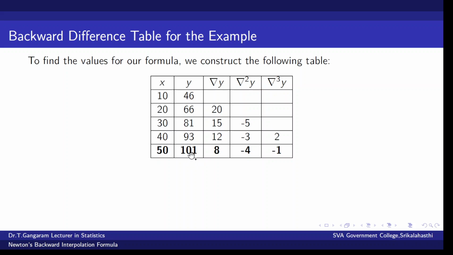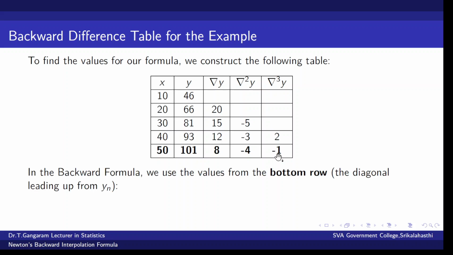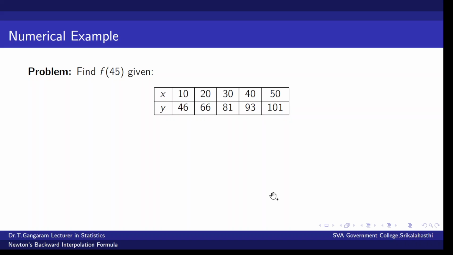Here this is y0, Δy0, Δ²y0 is equal to 4, Δ³y0, up to yn, Δyn, Δ²yn, Δ³yn. In the backward formula, we use the values from the bottom row. yn is equal to 101, Δyn is equal to 8, Δ²yn is equal to minus 4, Δ³yn is equal to minus 1.